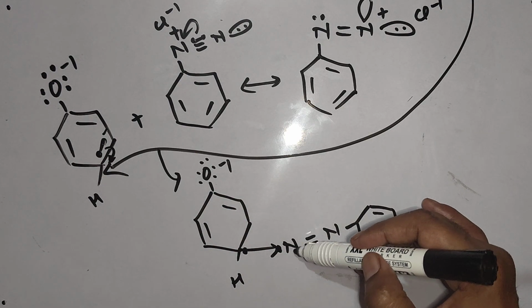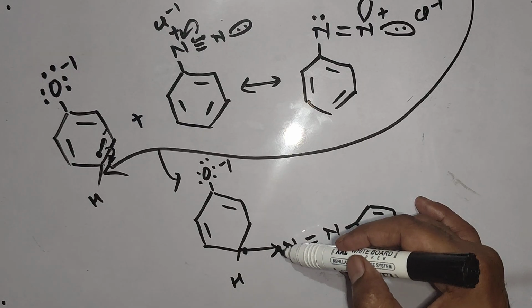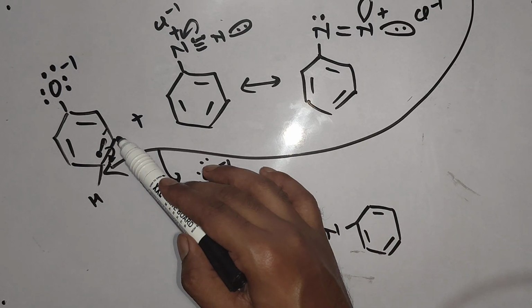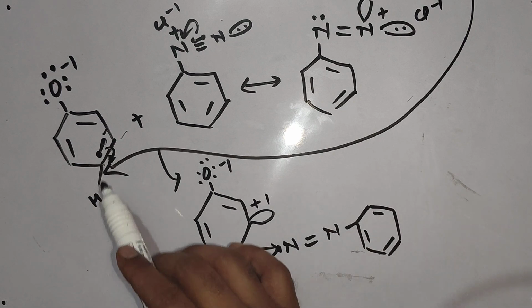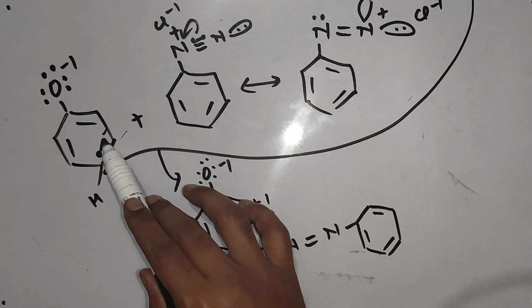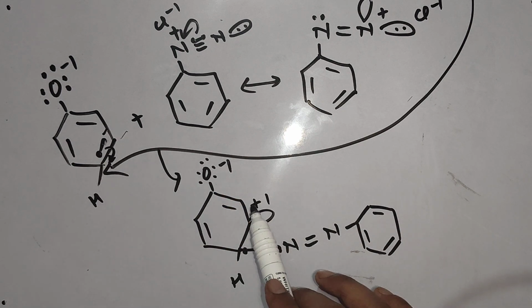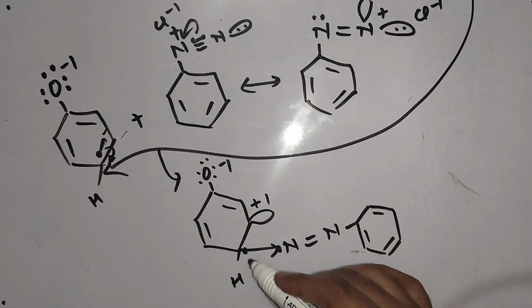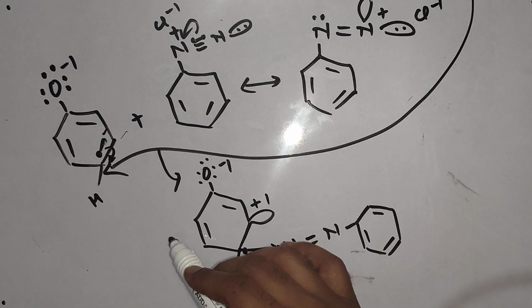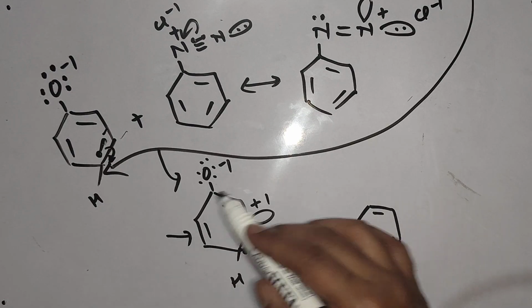So the positive charge of nitrogen will finish because it is getting one extra electron, but the problem will be for this carbon. A positive charge will come over it because it has lost its electron. This electron was of this carbon, so vacant orbital, positive charge will come there. So how to stabilize this positive charge? And this compound which is generated here is a carbocation.